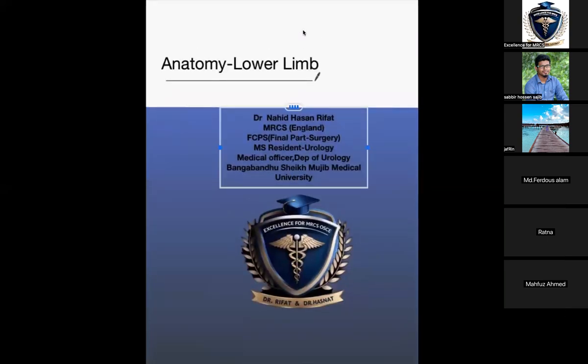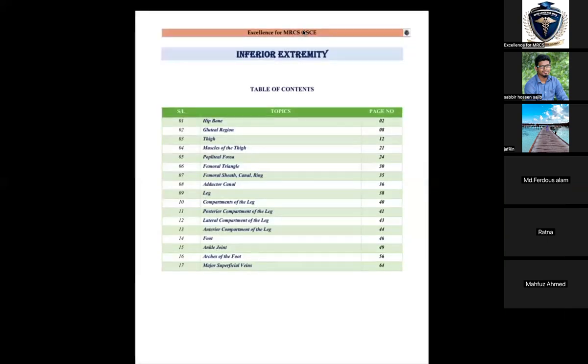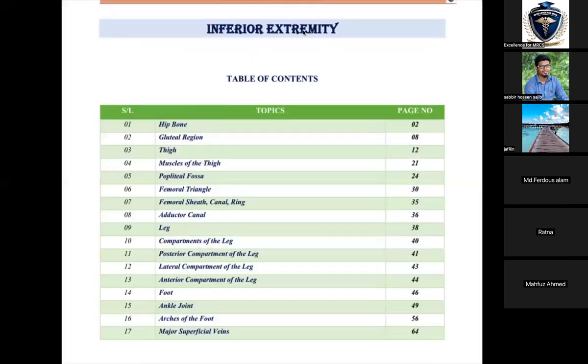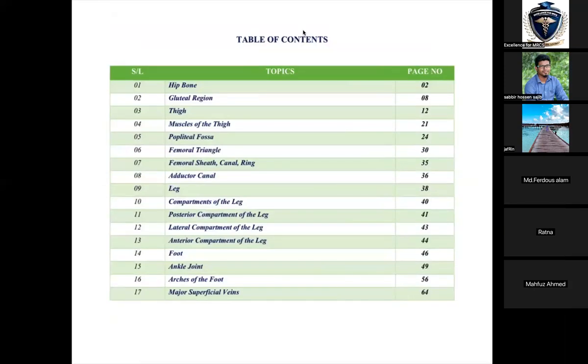Okay, so at first come to the book. So this is our book. So we learn about these topics, and mostly the gluteal region, thigh muscles, especially the posterior compartment, and the popliteal fossa.